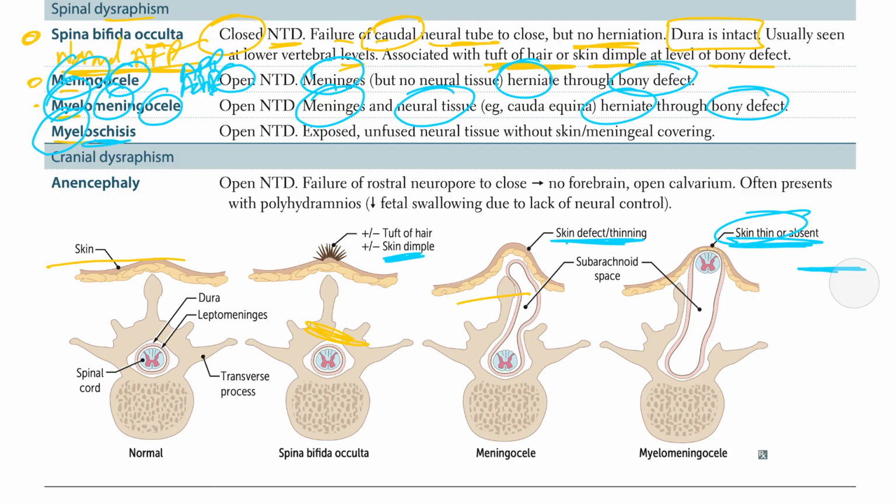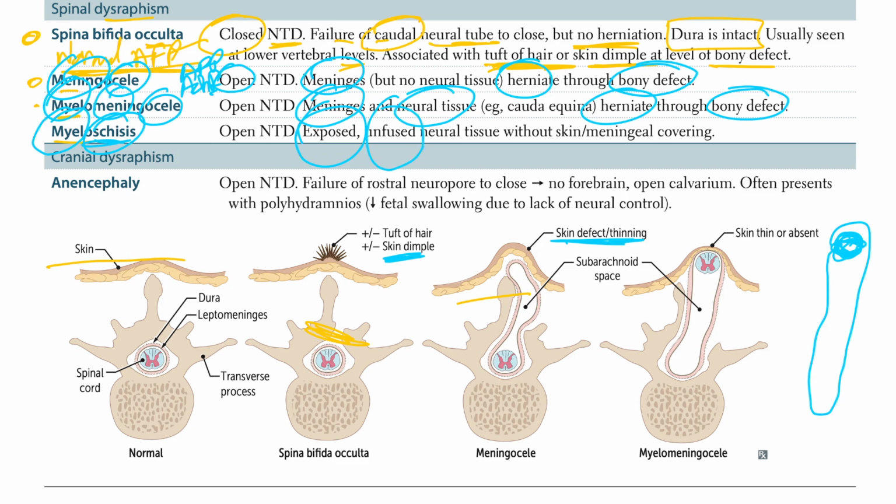All you have is the spinal cord, the whole neural tissue just out. That is your myeloschisis, which is exposed, unfused neural tissue without skin or meningeal covering. It doesn't even have the meningeal covering. The whole neural tissue is just out.